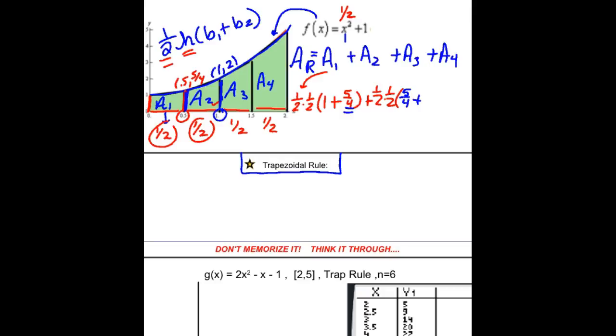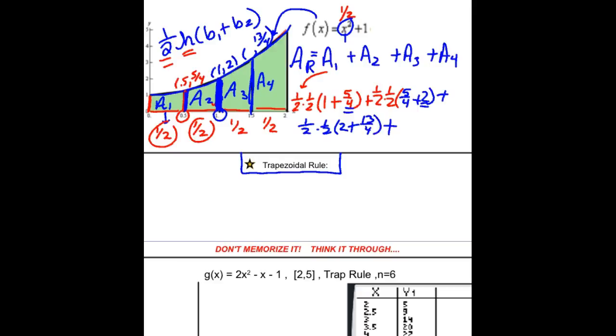So that base is 2. Plus, trapezoid number 3, I'm running out of space here, is 1/2 of its height times the sum of its bases. Its left base, I already calculated. It's this 2. Its right base is what I get when I put 1 1/2 into the function. It would be 1 1/2 comma, and it ends up being 13/4 if you plug a 3/2 in there.